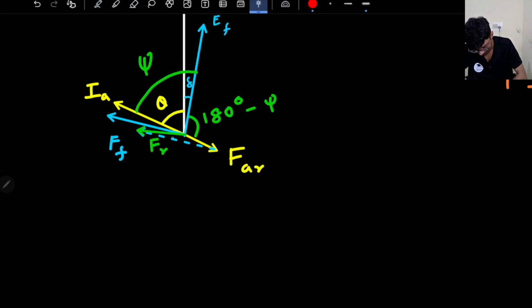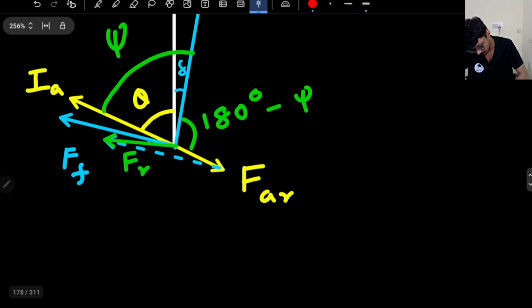Now I need to find out this other angle. This angle is xi, this angle is 180 minus xi, so this angle will be basically 360 minus the addition of these two.